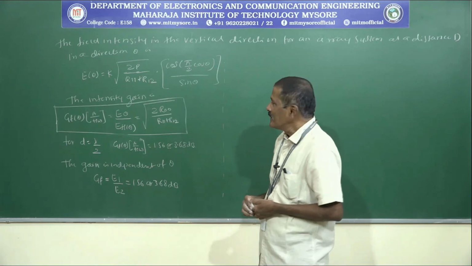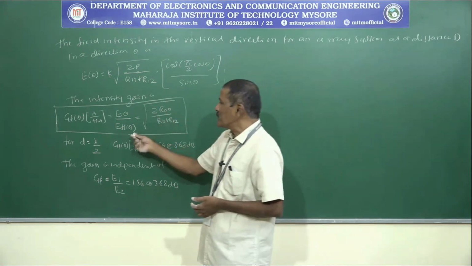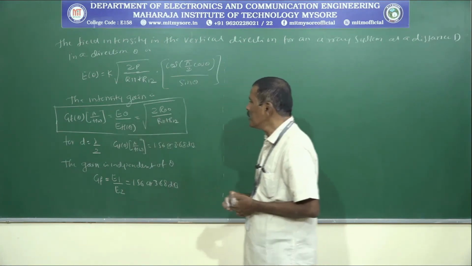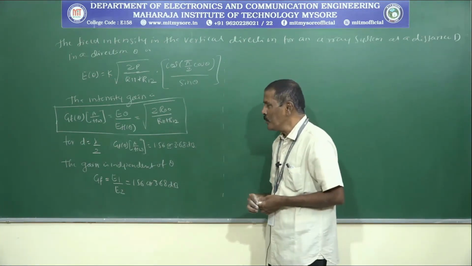The intensity gain is calculated from the equation E of theta divided by Es of theta equal to root of 2 R00 divided by (R11 plus R12).